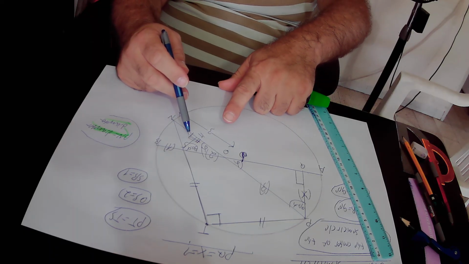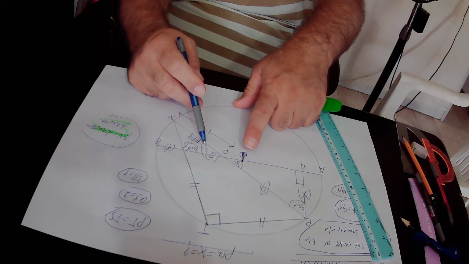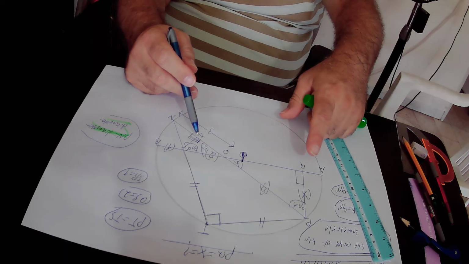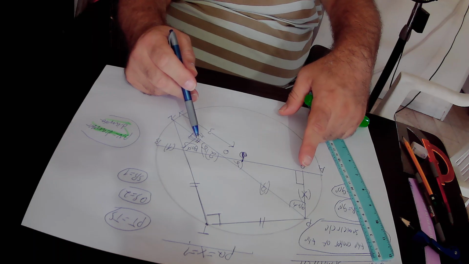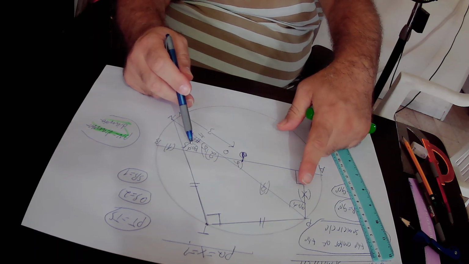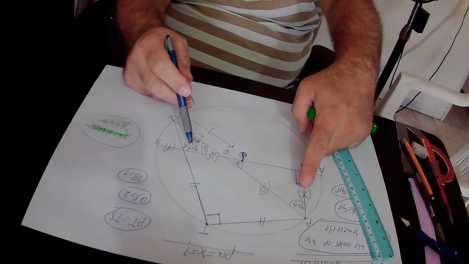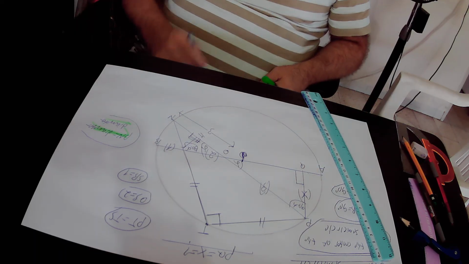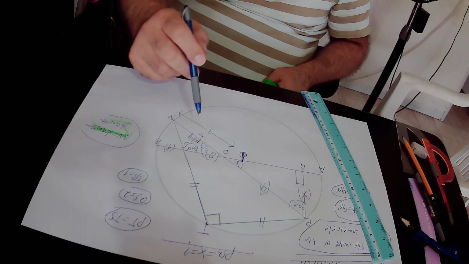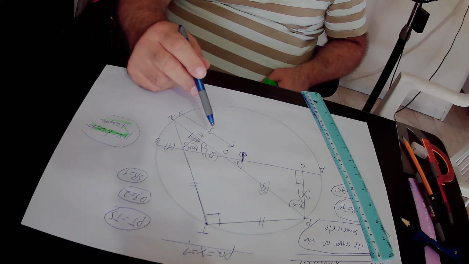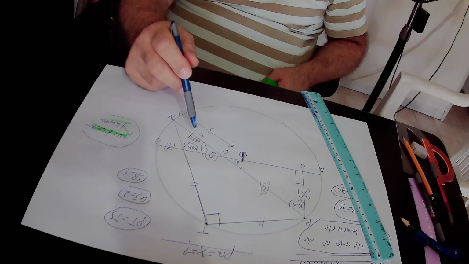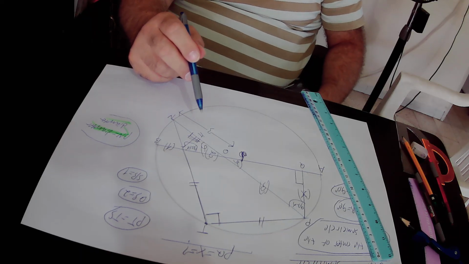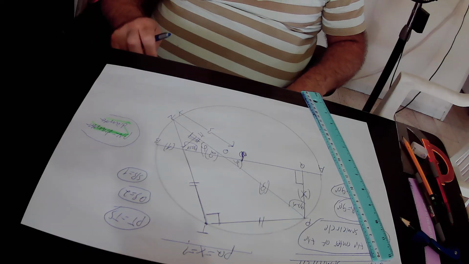First of all, those two angles are both equal to alpha, therefore they are equal to each other. In addition, those two angles are both equal to 90 degrees, and therefore they are equal to each other. And finally, those two angles are both equal to 90 degrees minus alpha, therefore they are equal to each other. So all the angles of the right triangle PQO are correspondingly equal to all the angles of this right triangle OKS, and therefore those two right triangles are similar to each other according to the angle similarity rule.